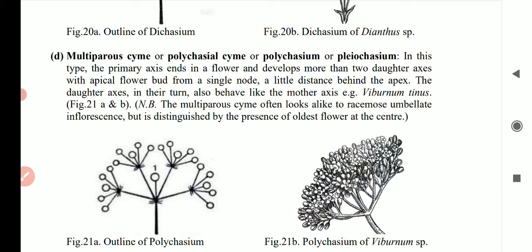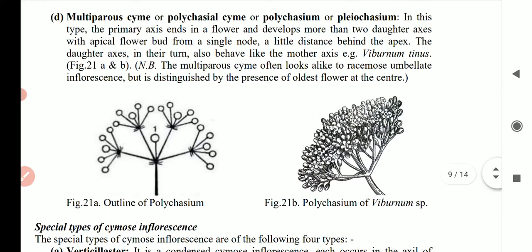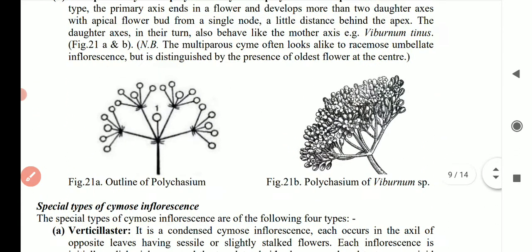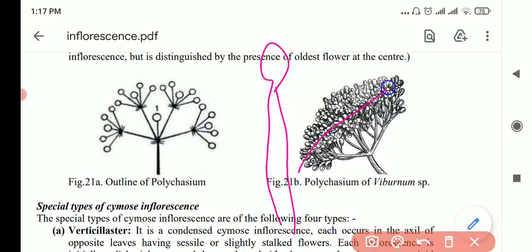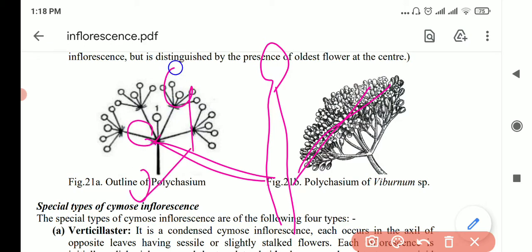Then the next one, let's go down, is the multiparous cyme. If that one is 2, this one will be many, more than 2. So this is the main floral axis. Let me draw properly. This is the main floral axis which ends in a flower, and then from here these other floral axes will produce many flowers, not just 2 or 3.